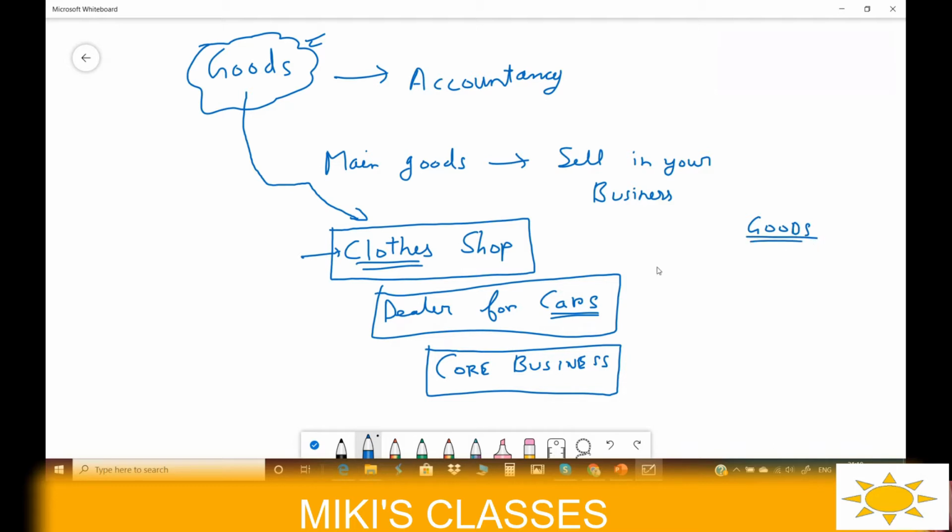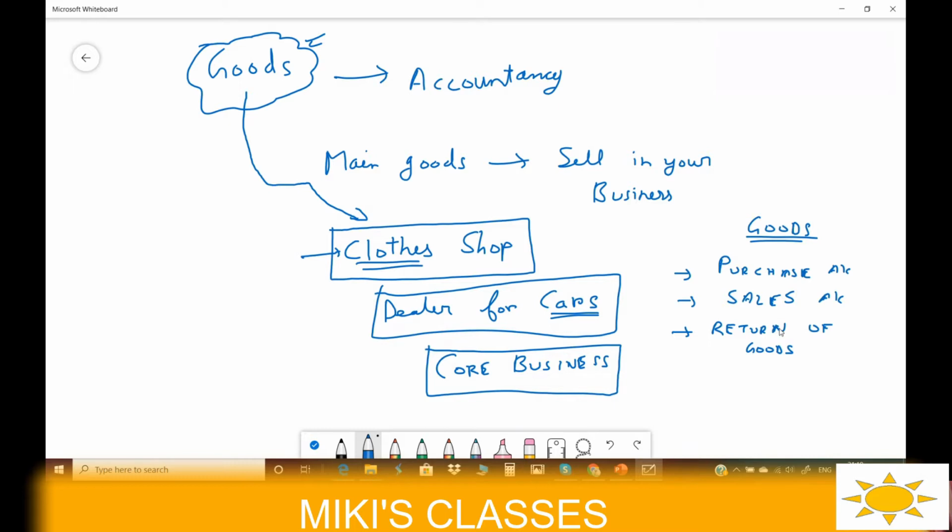The goods account gets divided into the purchase account, the sales account, the return of goods account.